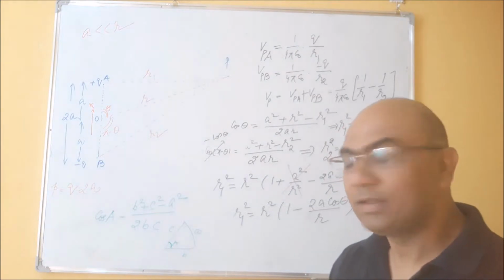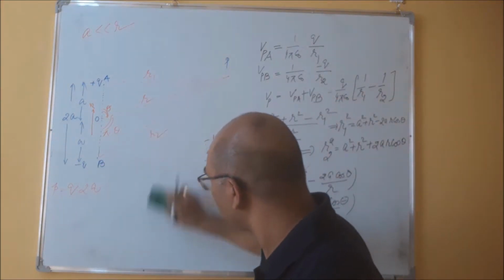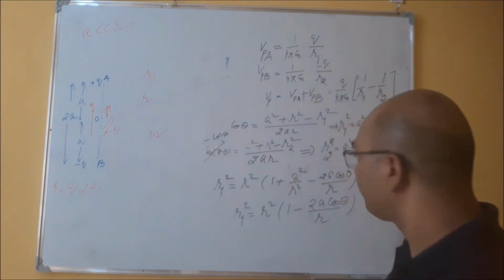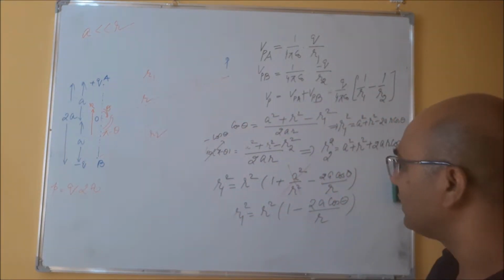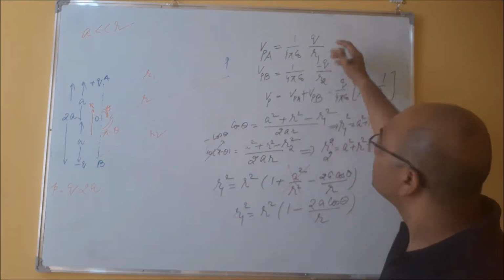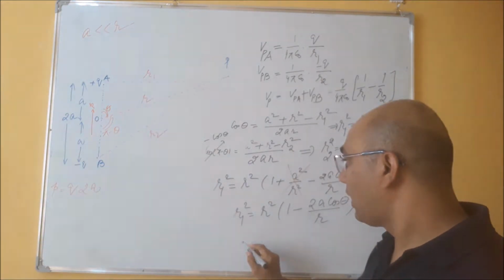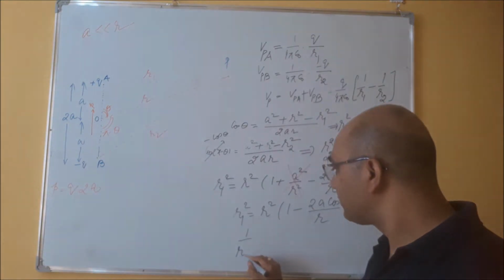Right? Now, after neglecting this, finally I want 1 upon R1. So what I can do is make the whole expression like this.